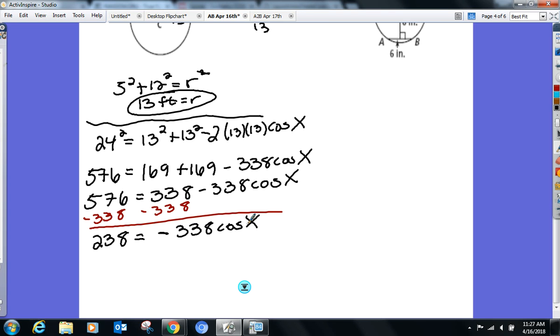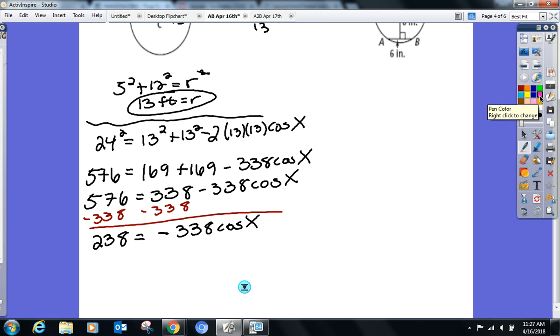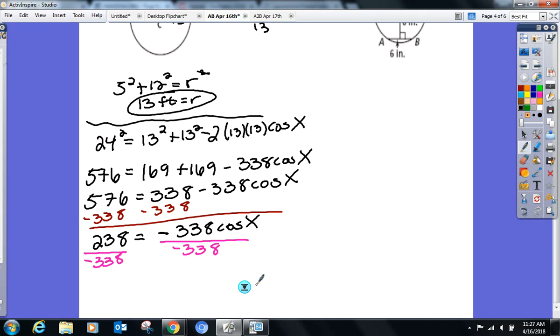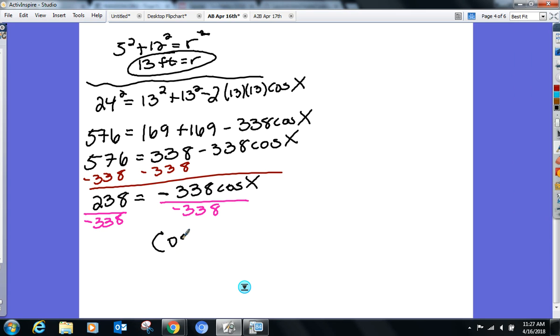Next move. Divide by negative 338. Will that give me my angle? No, I still have to do one last step.